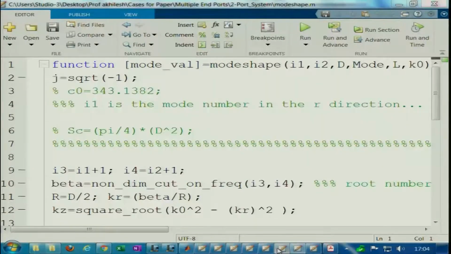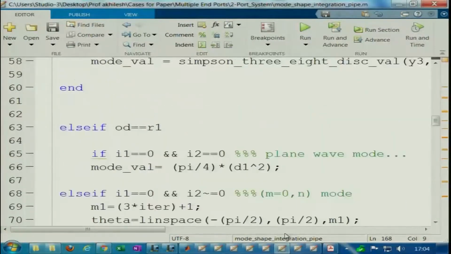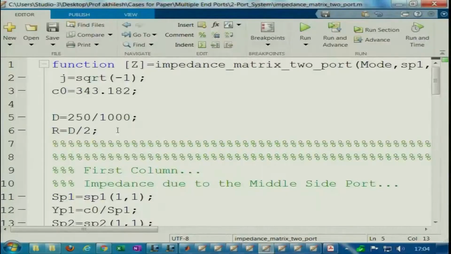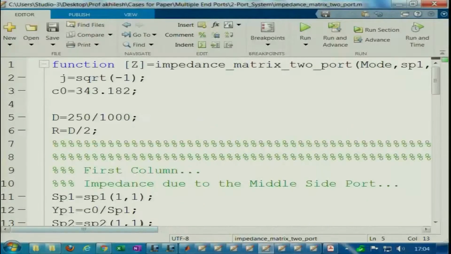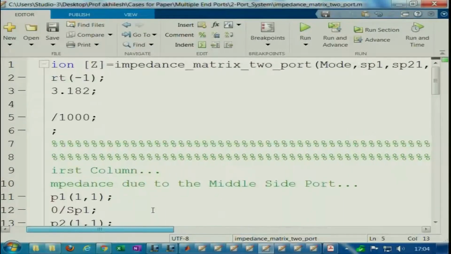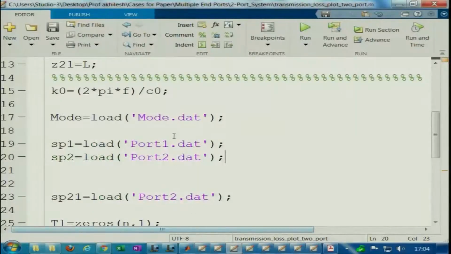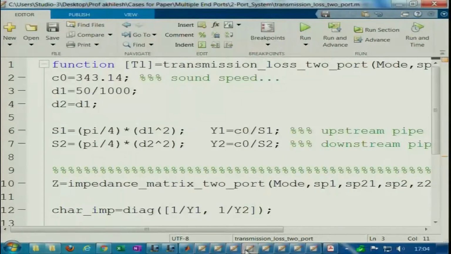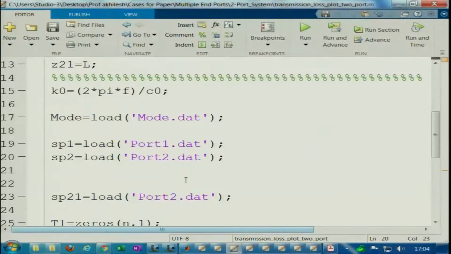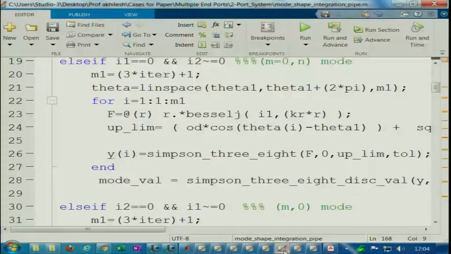So, basically what is happening here is that we compute these things and then enter the same diameter in the impedance matrix. You load in these functions, SP1, SP12 mode, all these things are loaded here, and then they are passed on to the impedance matrix function where the actual response functions are computed, I guess.